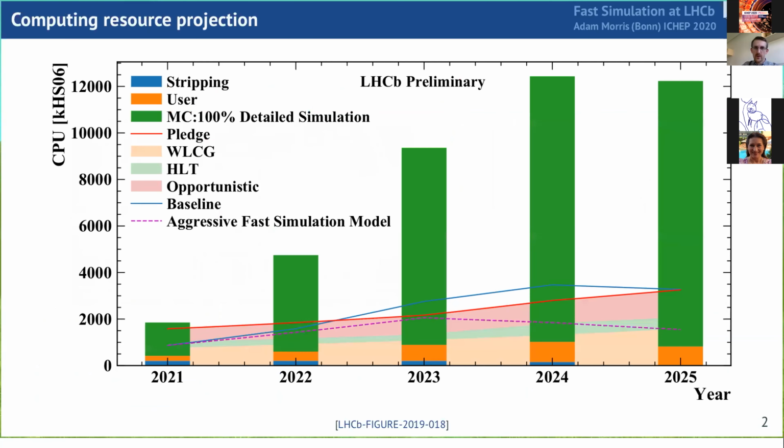To really drive home this fact, we have this plot of the projected computing resources over the next few years, where the pledge is this solid red line. So this is the available resources. The bars are the prediction of the computing resources using 100% detailed simulation for every sample.